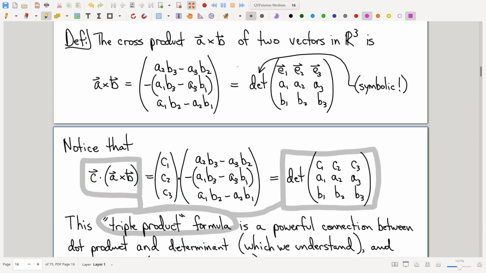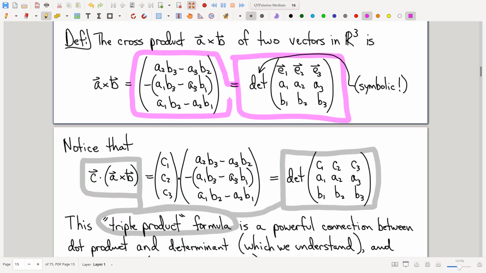Why did I write this like this? It's arguably, depending on how you look at it, kind of a coincidence. But if you were hypothetically to write down this kind of nonsense right here, let's get the ugly part out of the way. I've written this down like it's a matrix, but shouldn't a matrix have elements that are numbers?